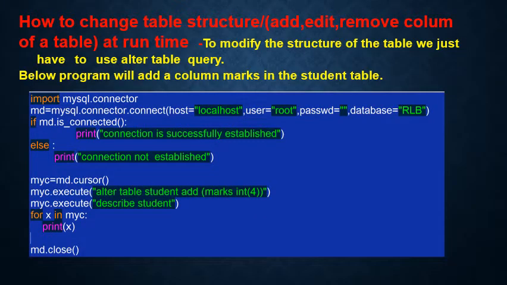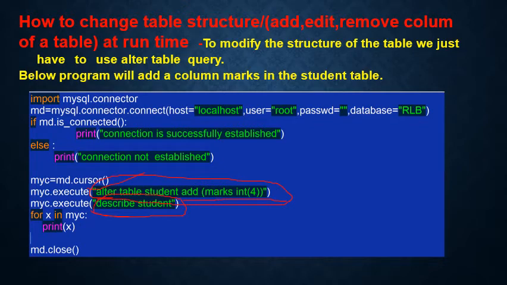In this program, you see how we can modify the structure of the table using the alter table command. We can add a column, remove a column, or modify a column by the alter table command. Similarly, this execute function will process this query, and it shows you the structure of the table.